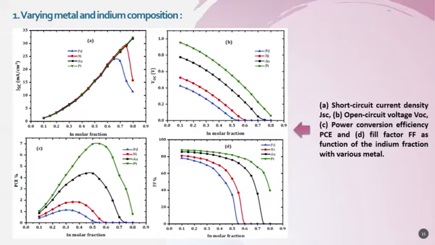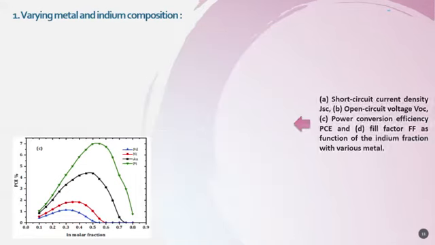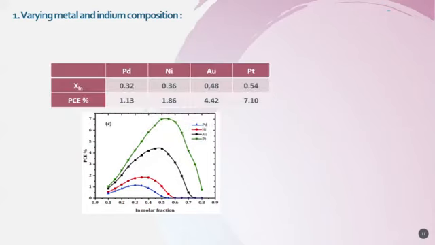In contrast to gold and platinum, Jsc for palladium and nickel metals decreases at a certain point, and the maximum value of the conversion efficiency for each metal was as follows.